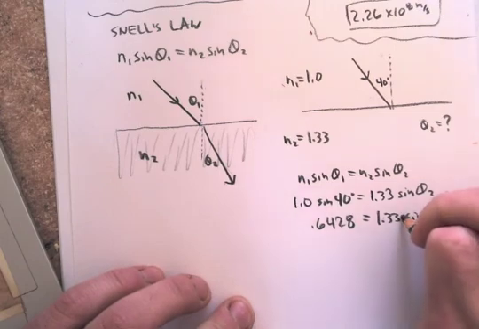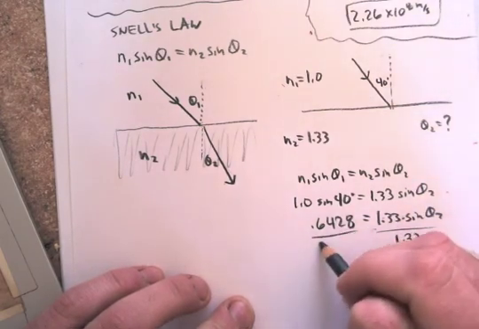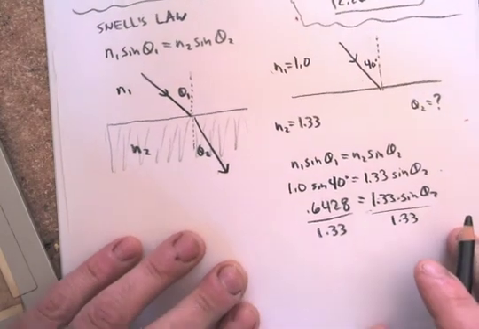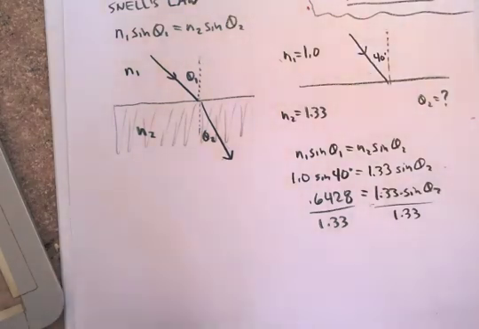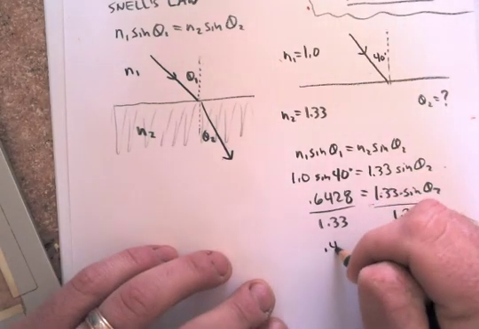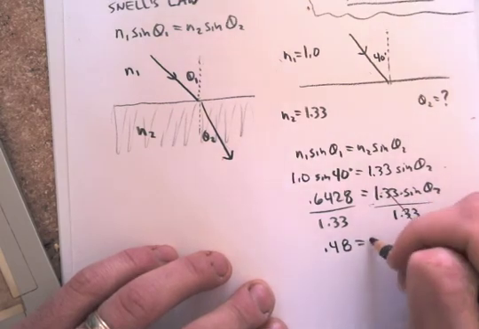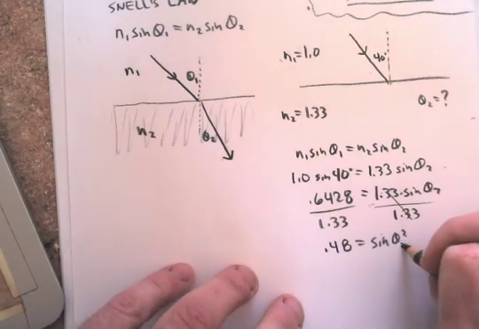Divide each side by 1.33, because this is a multiply here. 0.6428 divided by 1.33, I'm getting about 0.48, equals sine of theta 2.